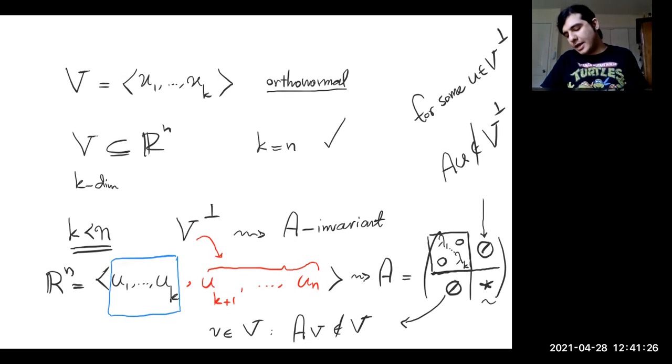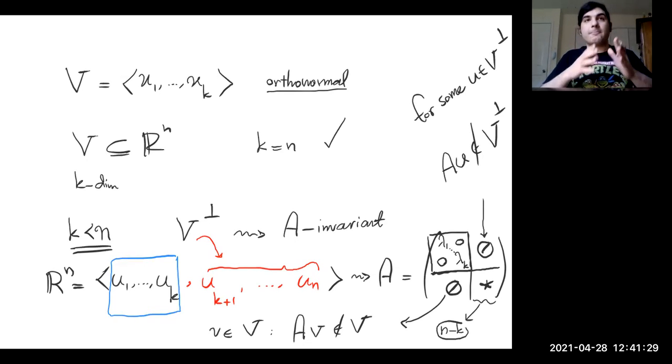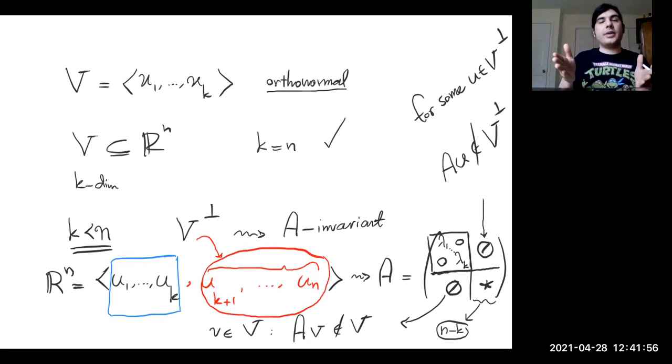The rest is the restriction of the matrix to V perp, and V perp has dimension less than n. So because of the assumption of induction, we can diagonalize that part too. We can find another basis of V perp, without touching U1 to UK, such that that block would also become diagonal. And then we would have our diagonal matrix.